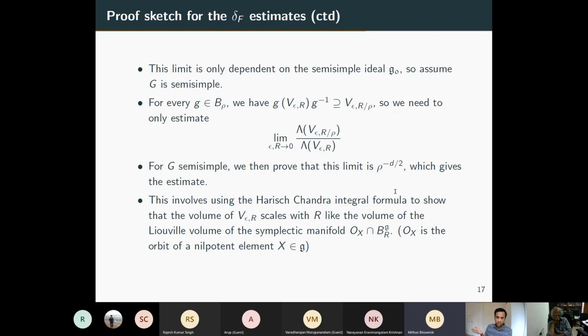We use, for instance, the Harish-Chandra integral formula to show that the volume of these things scales like the Liouville volume of the symplectic manifold corresponding to the orbit of some nilpotent element, which is why you get this factor rho to the negative d over 2. But I don't think I have time to go into all that. But please look at the paper if you're interested.